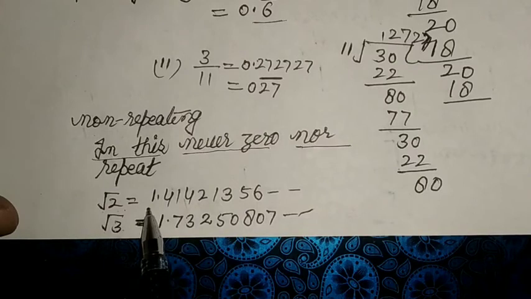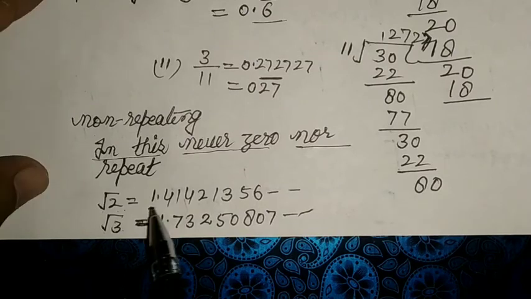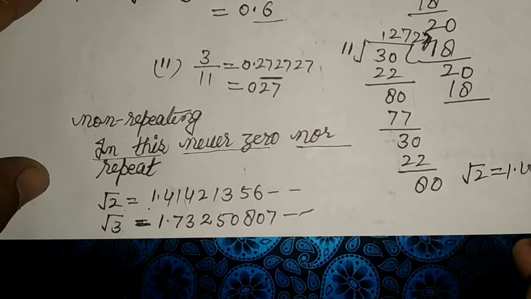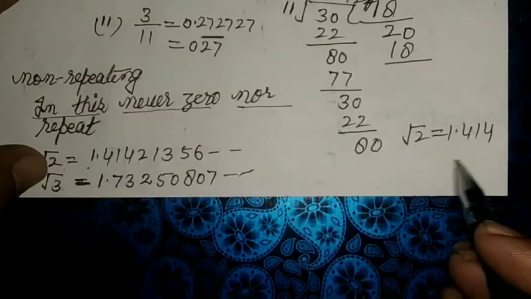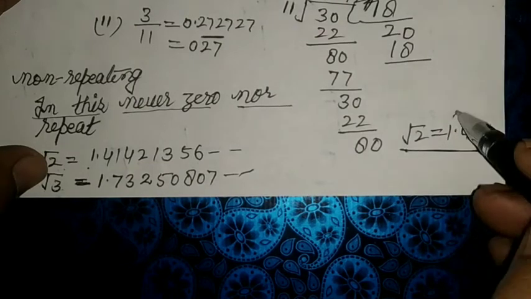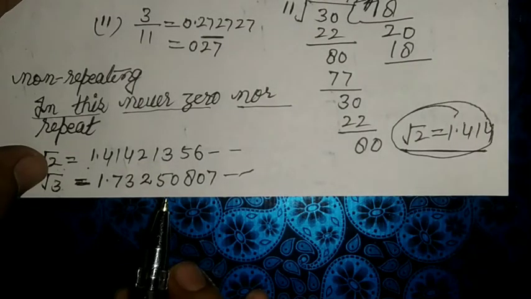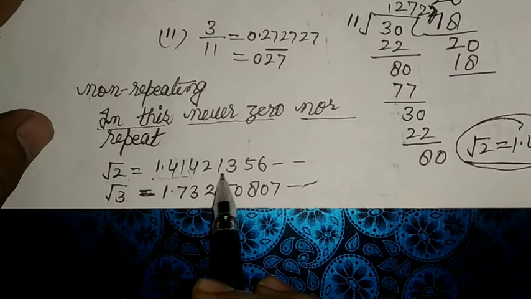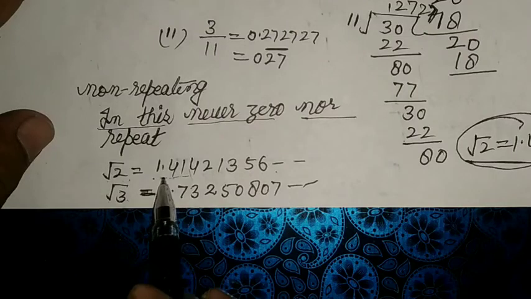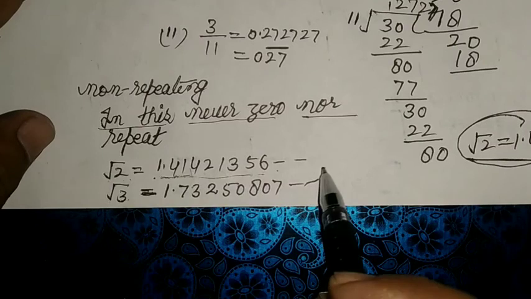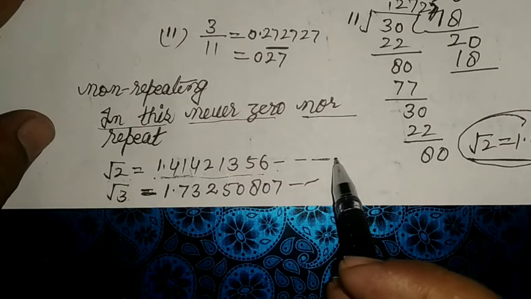When we find the value of √2 by the long division method, we will take only the value of √2 as 1.414. It is not the exact value, it is an approximate value of √2. The exact value of √2 is never ending. You can see here no number repeats again and again, and it is infinite.